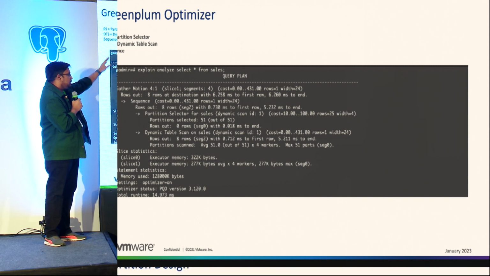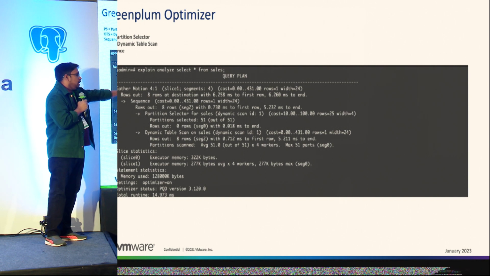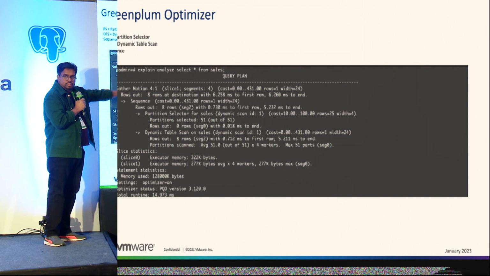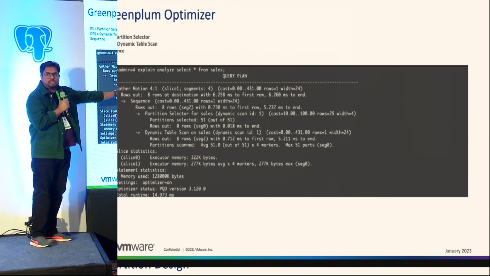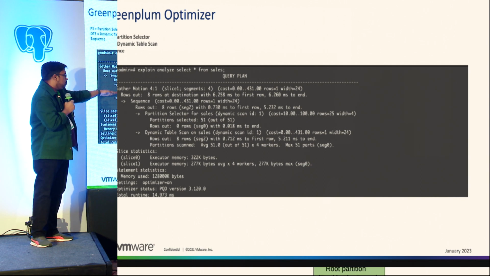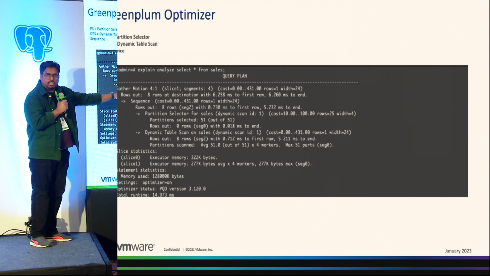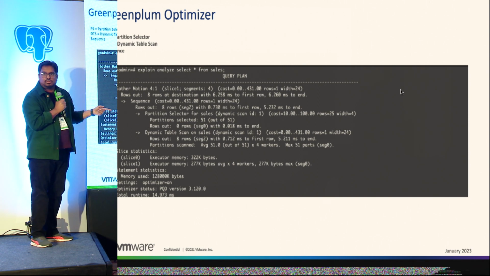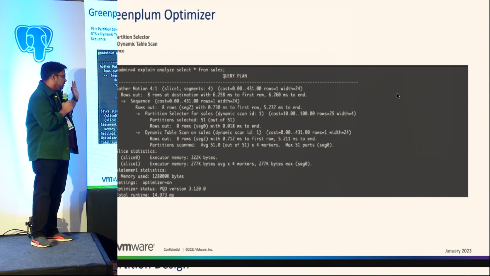If there is a predicate on top of it, it will tell you exactly how many partitions were selected during this phase. Only when those partitions are identified does it move to the next stage, where the DTS kicks in and starts to do sequential scans on those partitions. So it eliminates the need to look at everything, right?